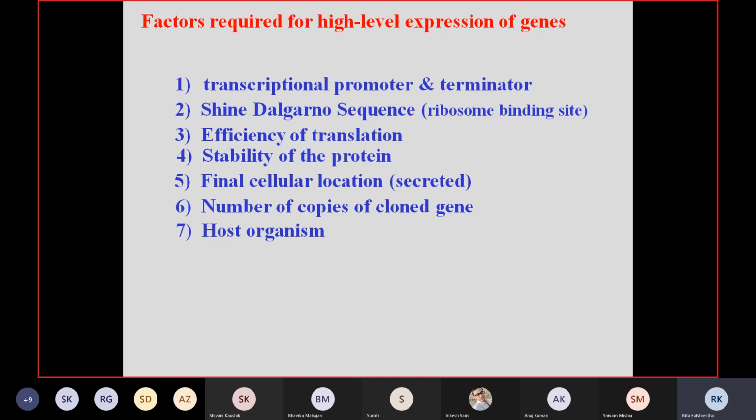And how do they ensure that the termination is very efficient? In many commercial vectors, you will not only see one termination site, rather they will have two termination sites. So from where do they decide which termination sites to be added? They are added on the basis of previous, various published studies, in which they identified that this termination site is very strong.